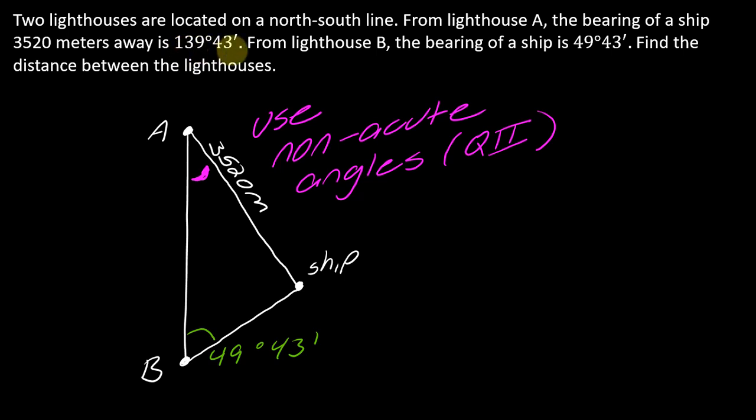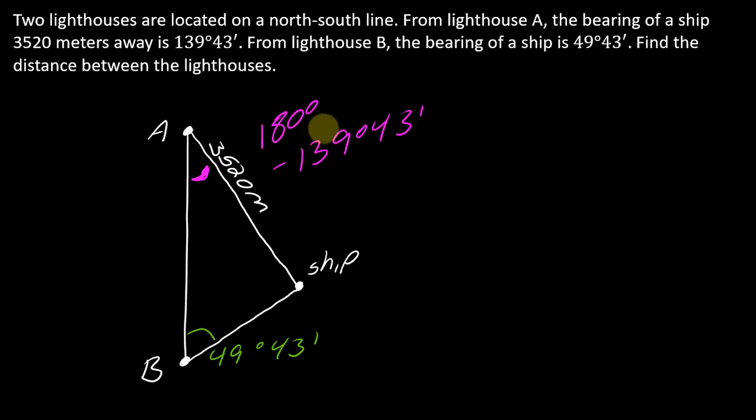So this is 139 degrees and 43 minutes, which technically falls into a quadrant 2 type measure. So I'm going to take 180 minus this to get the equivalent non-acute angle. I have a whole lesson where I talk about how to do that, but that's basically what you want to leverage here. So this comes out to 40 degrees and 17 minutes.